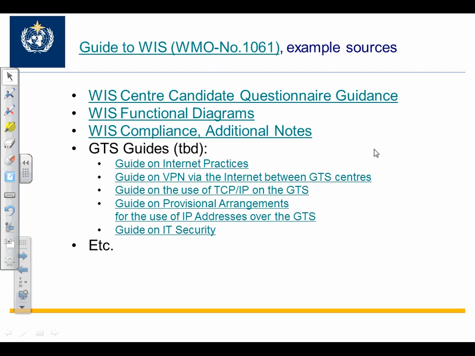I recall to you that CBS approves the guide to WIS, so it is easier to update than the manual on WIS. If desired, text could be injected into the guide to WIS from various other program documents or from existing GTS guides, like the ones that are listed on the screen.